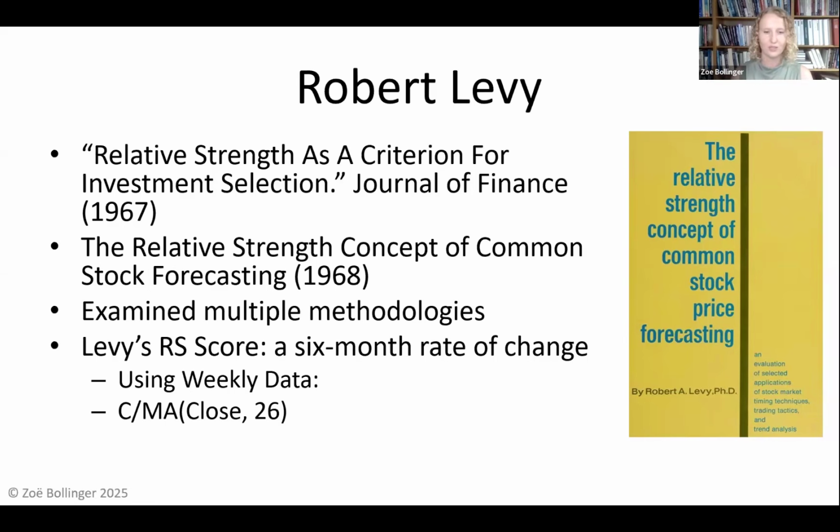Anything from this era usually uses weekly data because we're hand calculating, and we didn't all have data streams coming into our computer by the minute or second. So he just does the close divided by a moving average, a 26-week moving average, and he ranks all of his stocks by that 6-month rate of change.